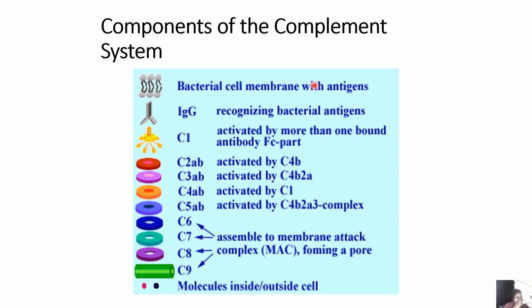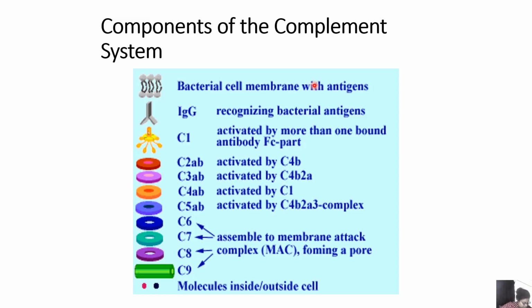Okay. The major functions of the complement system are bacterial lysis, which we discussed, with the formation of the membrane attack complex MAC. It is especially effective against gram-negative bacteria. Then we have opsonization: complement coats microbes for easier phagocytosis.